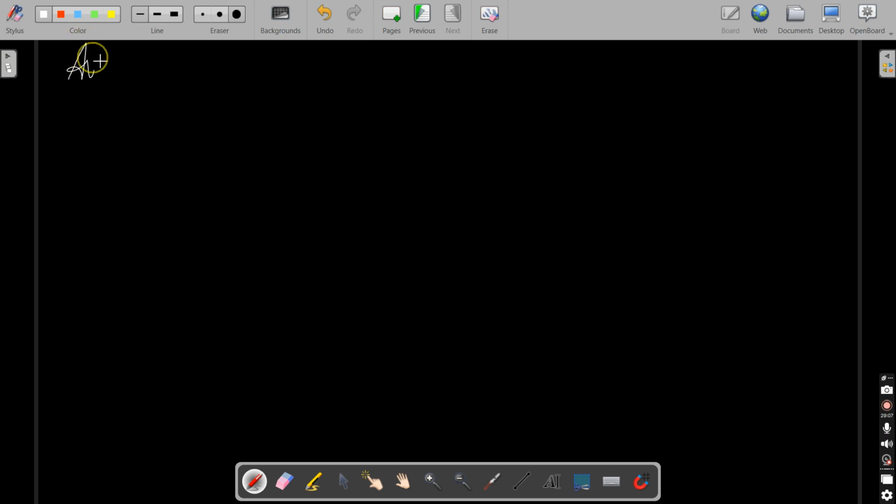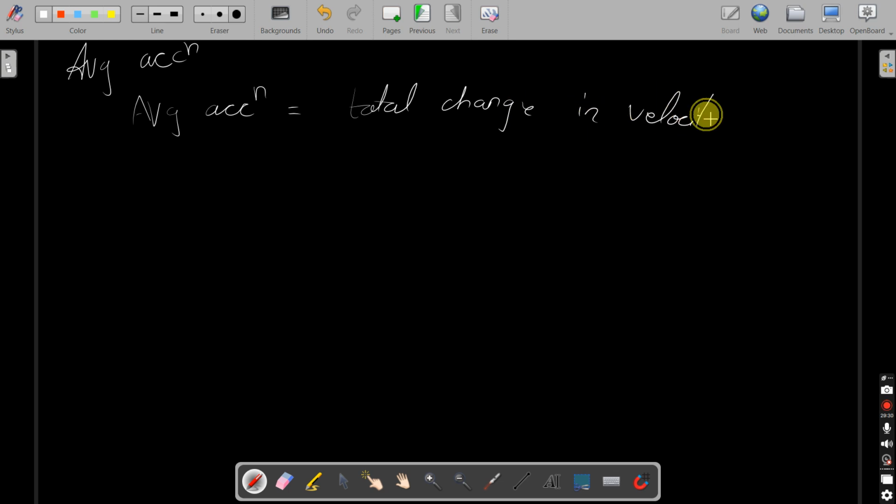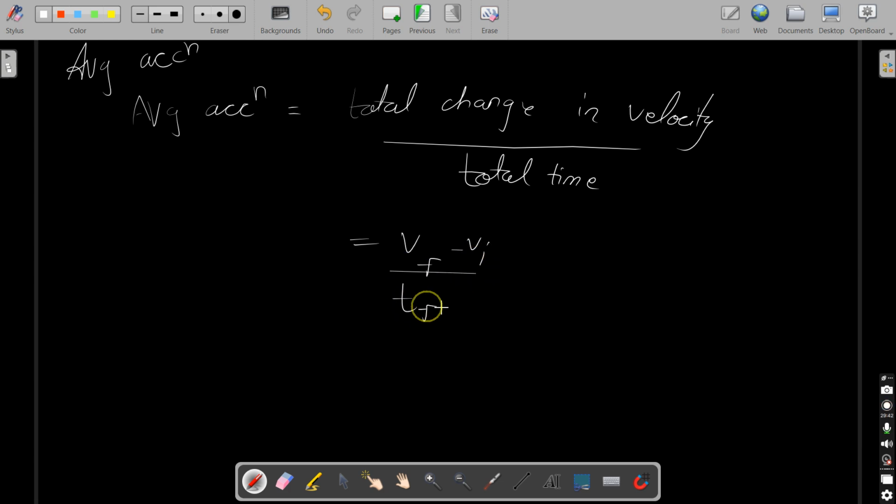Average acceleration. This is nothing but total change in velocity over total time, v final minus v initial upon t final minus t initial, delta v upon delta t.